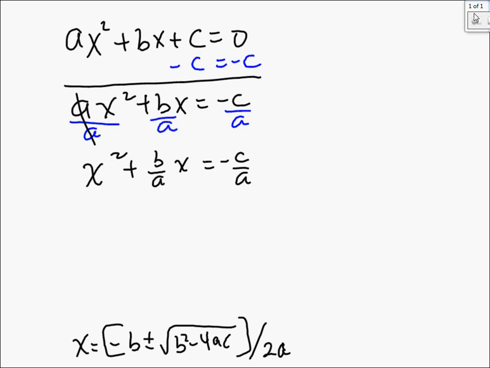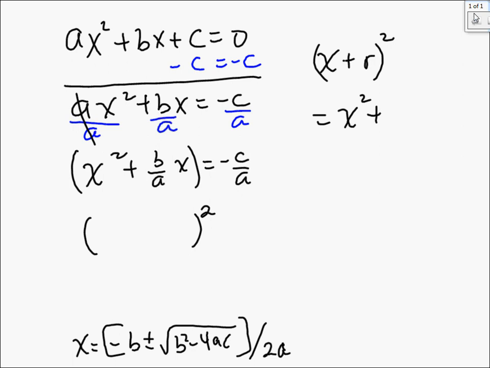Now, I want this to ultimately be something squared, like x plus, since I used a, b, and c, let me use r. I want it to be x plus r squared, which means it's x squared plus 2rx plus r squared. So now, I have the x squared, and I guess that's going to be my 2r, because it's being multiplied by x.